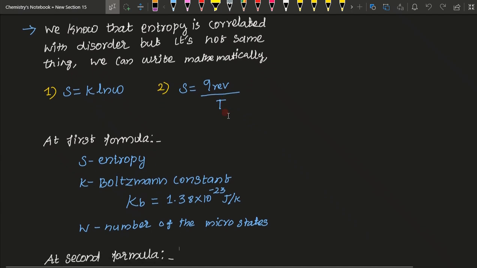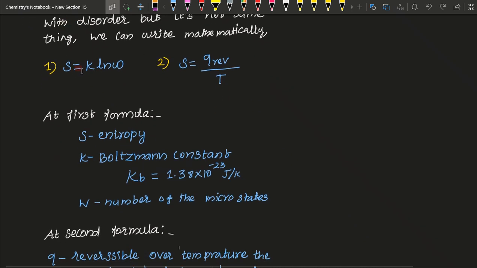In the first formula, S is entropy, k is the Boltzmann constant, denoted kB equal to 1.38 times 10 to the power minus 23 joule per Kelvin. This is a constant value. W is the number of microstates.